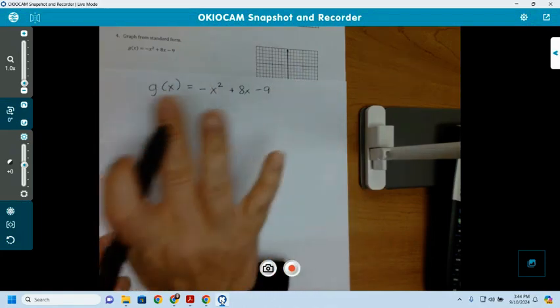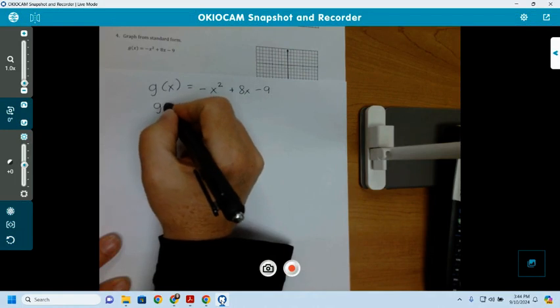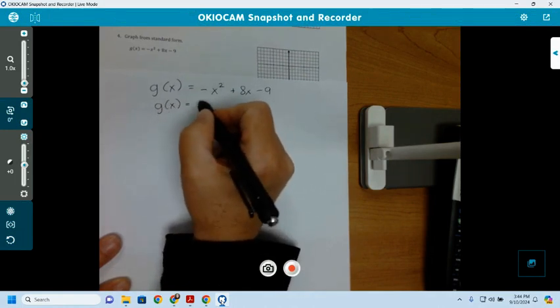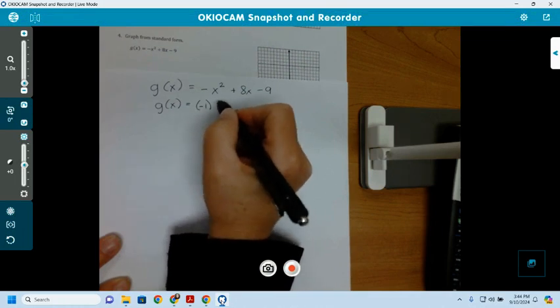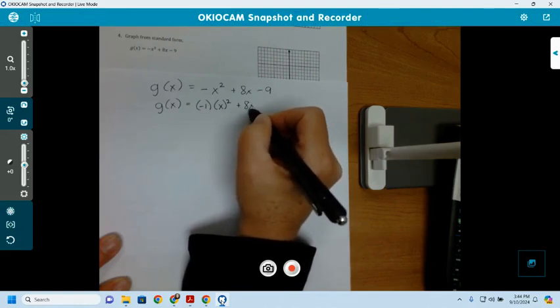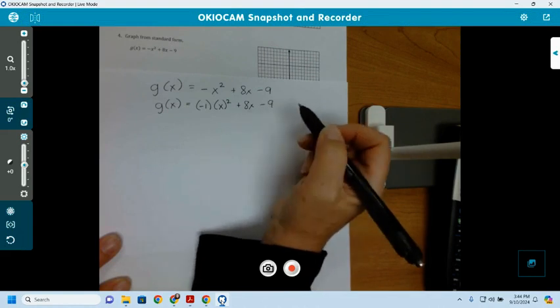Now, I want to write this a little bit differently. G of x equals, that minus sign represents minus 1 times x squared plus 8x minus 9.